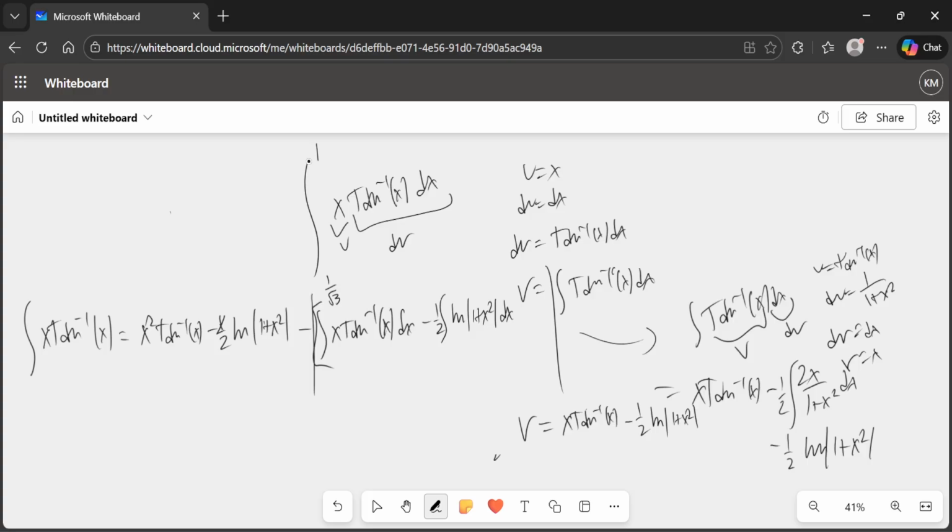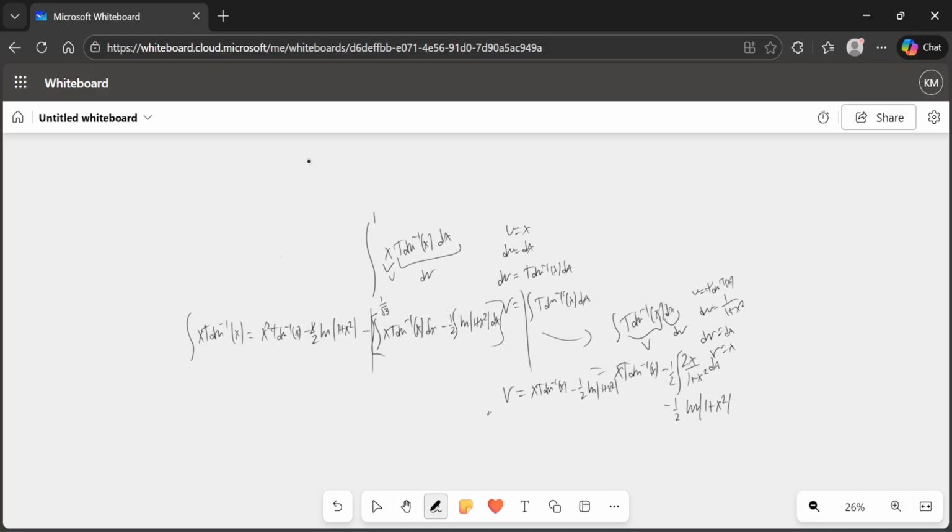Okay, first of all, this can be moved to the other side, so this really becomes the integral of 2 tangent inverse x dx equals all this dot dot dot plus 1/2 integral of ln 1 plus x squared dx.